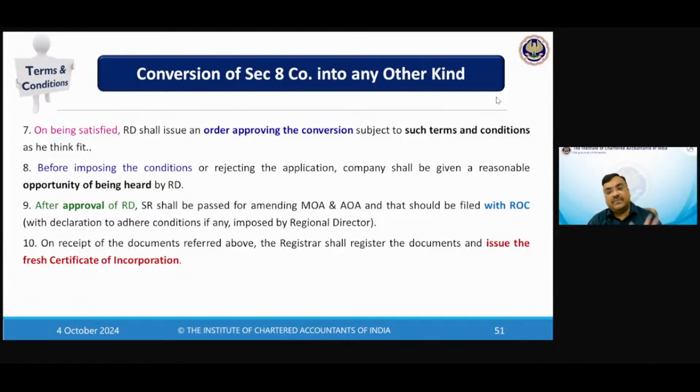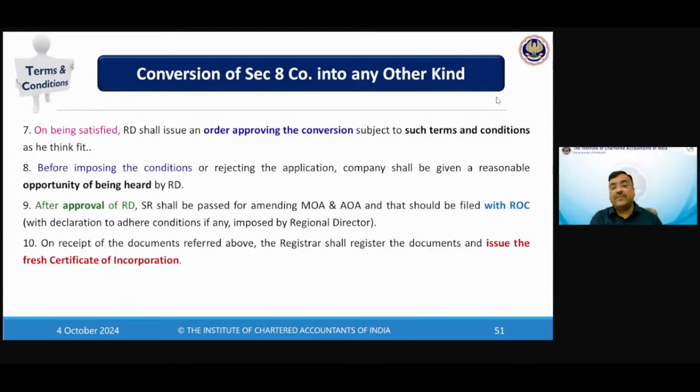After approval of RD, if approval is given by the regional director, a special resolution shall be passed for amendment in MOA and AOA, and that should be filed with ROC with a declaration on other conditions imposed by the regional director. यानी कि if approval is given by the regional director, so SR should also be passed for amendment in MOA, and a declaration will be made by the company to the ROC that all the conditions, if any, made by the regional director regarding the conversion have been complied with. अगर regional director ने condition लगाई है तो वो हमने सारी की सारी पूरी कर ली है.